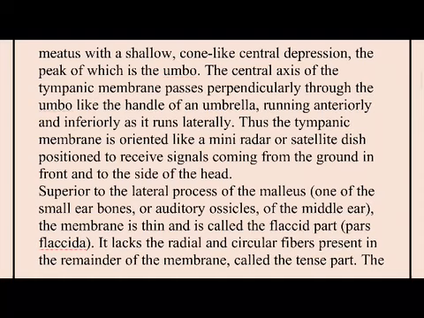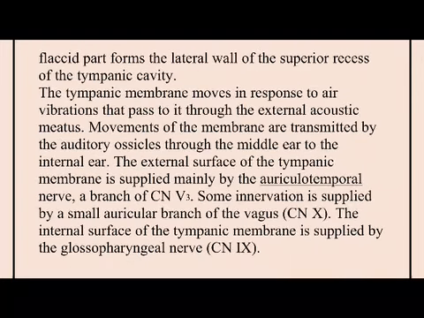This part lacks the radial and circular fibers present in the remainder of the membrane, and the rest of the membrane that has radial and circular fibers is called the tense part. The flaccid part forms the lateral wall of the superior recess of the tympanic cavity.